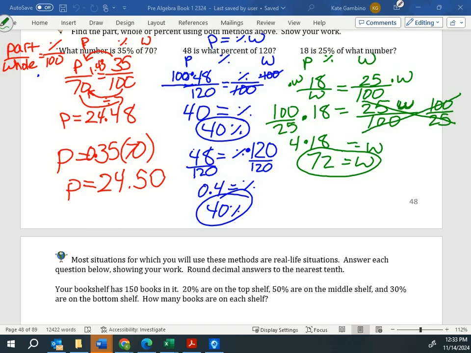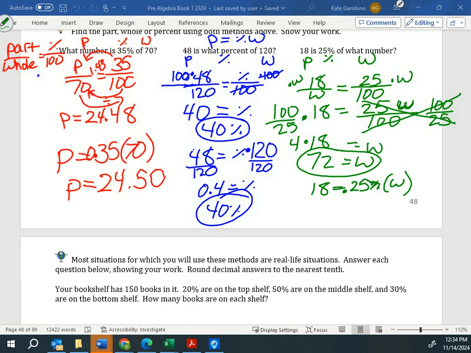So if I want W by itself, what do I have to do with that 25%? Remember, 25% is the same as saying 0.25.